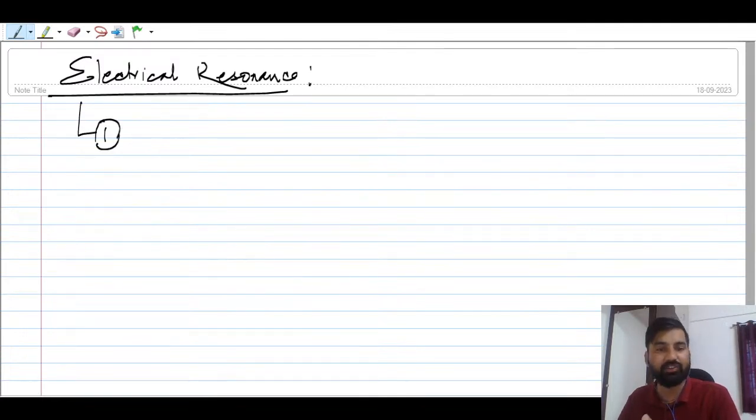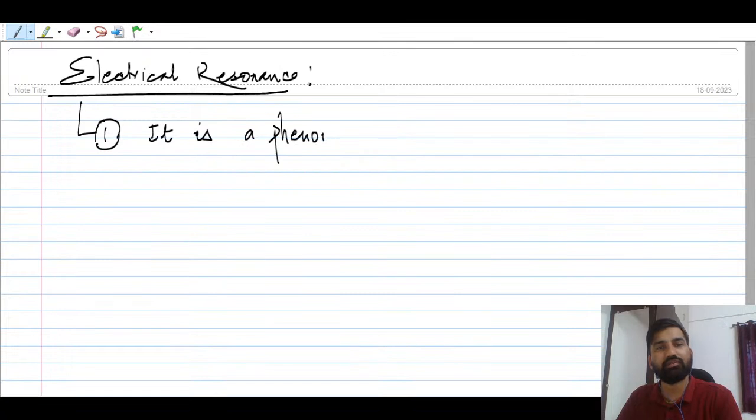In fact, we have seen that the overall circuit becomes purely resistive, the capacitive and inductive reactances are the same, and the source voltage and source current are in phase.